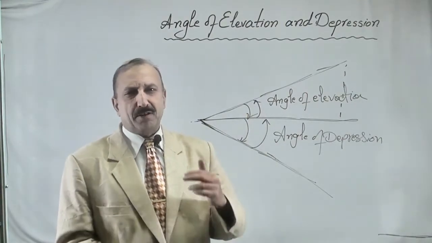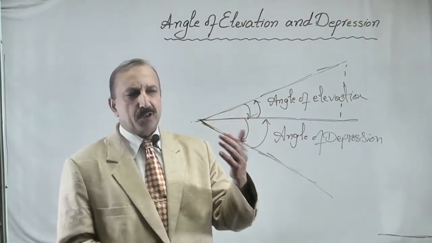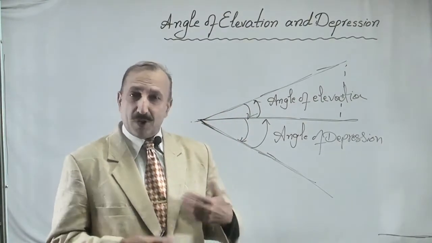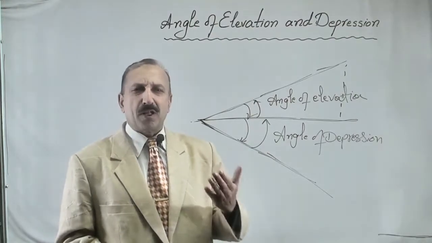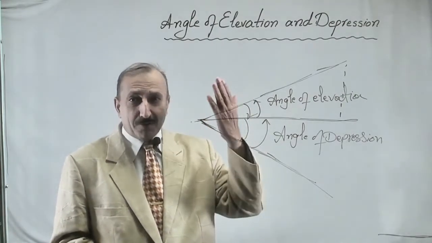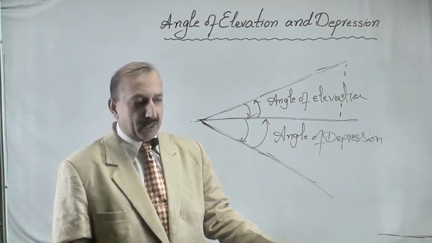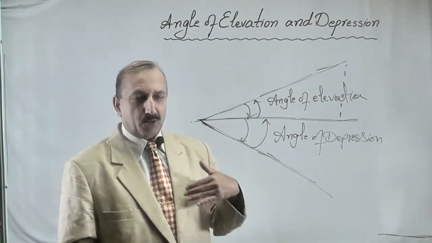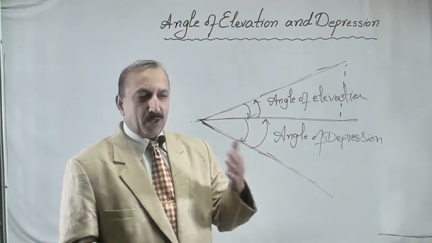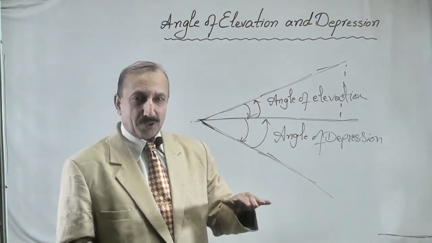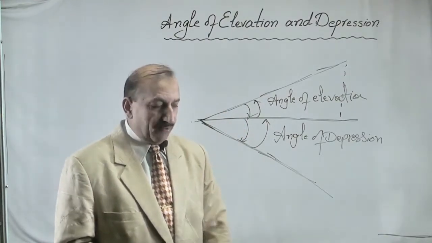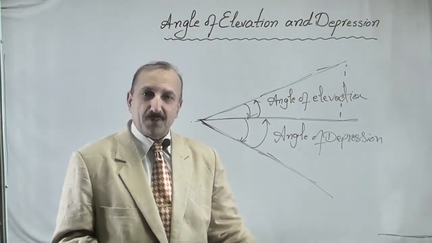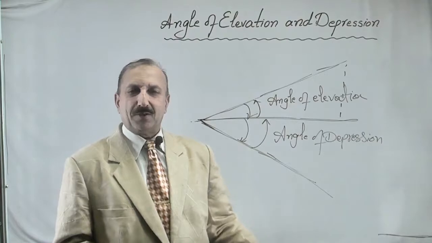But if you are standing on a very large building, and there's no bigger building than that where you are standing, it means you don't have to look above, you just look downward at the building or at the ground. In that case, if you can't look above, you always have the possibility of looking down. The level where you are standing, from where you're looking down, will always provide you the angle of depression.